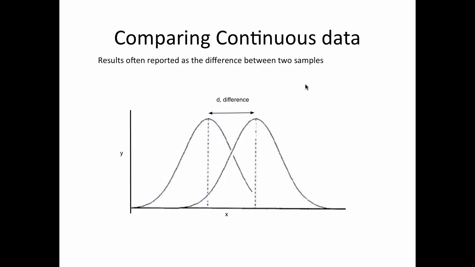Now, let's turn to the subject of when we compare continuous data. Suppose, for example, that we take a group of obese patients and we give them an active drug for losing weight, such as orlistat, to one group, and to another group or another sample, we give placebo. We measure their weights before and after a certain period of time.